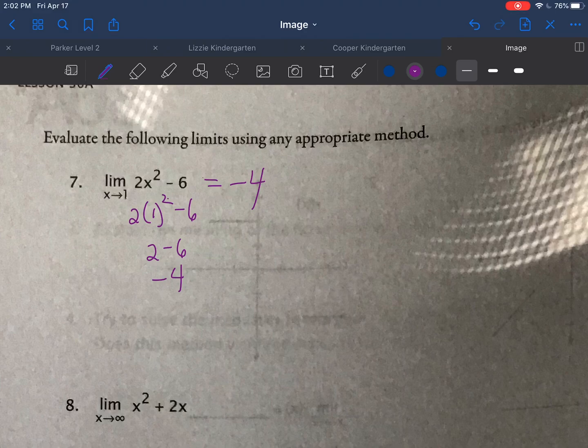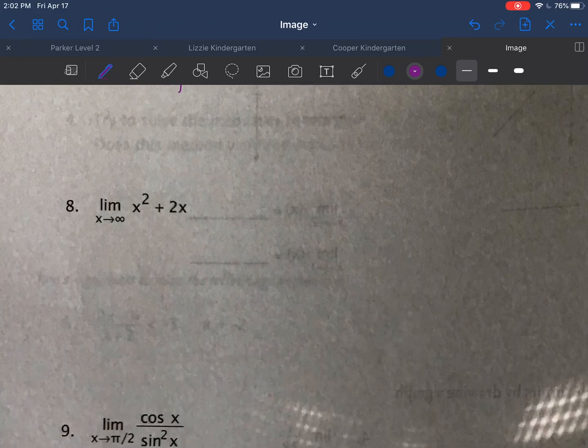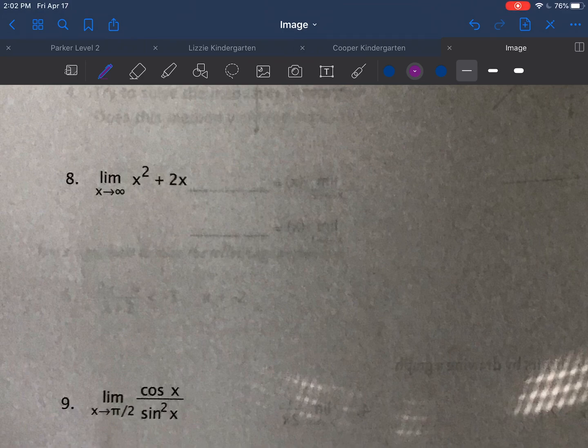Easy as can be. When we look here at number 8, it gives us an infinity. You can't really plug infinity in. So you can think logically here. If I think about x squared plus 2x, if I plug in 5, that's going to give me 25 plus 10, 35. If I plug in 100, that's going to give me a really big number plus 200.